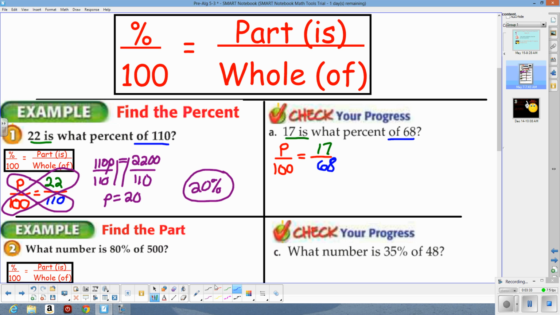Now we go ahead and use the cross products. P times 68, 68p, equals 100 times 17, which is 1,700. Now divide both sides by 68.